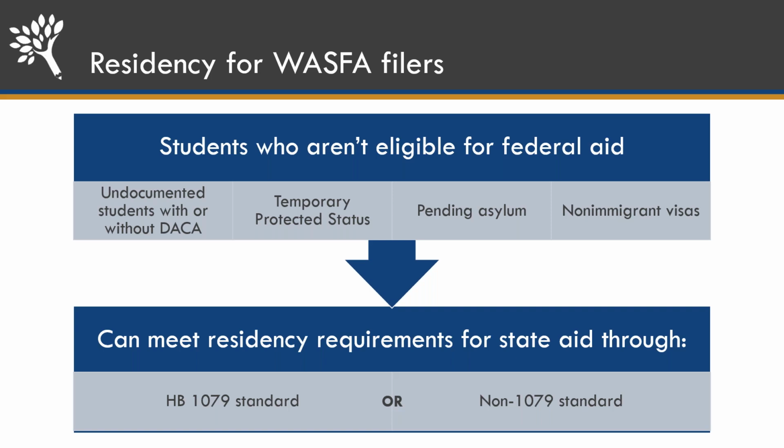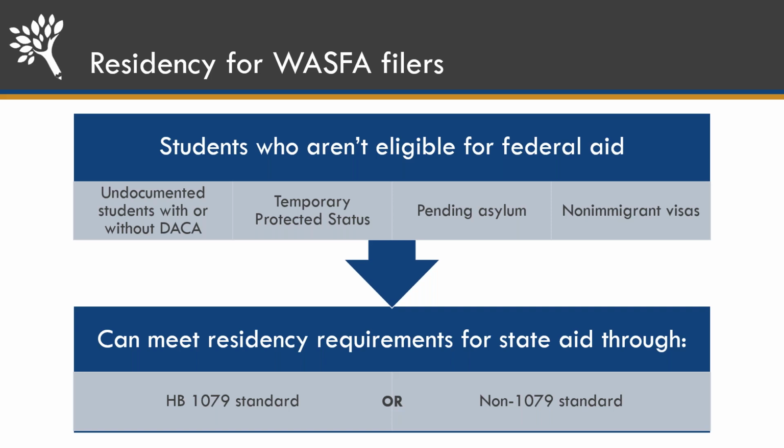I've listed a few here: temporary protected status, pending asylum, various visas. There's other folks, I'm not going to list them all here, but the main point is if a student doesn't qualify for federal aid, they have a chance to find out if they qualify for state aid by filling out the WASFA. And as you all know, your aid programs have residency and program requirements, and so I'm going to be talking about the residency requirements specifically.